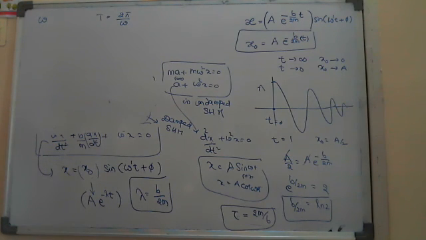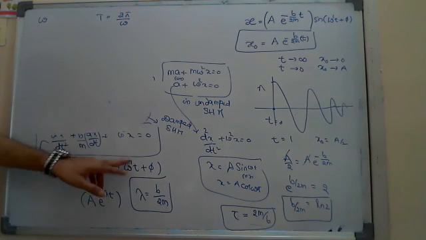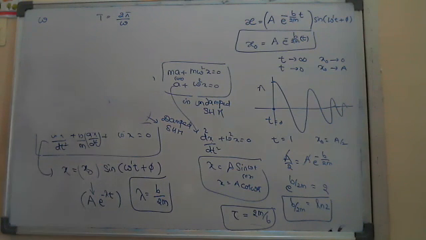But when you come to damped oscillations, that omega changes. That's why in my derivation I did not write omega, I wrote omega dash. That omega dash you will get in the derivation by substituting this value.